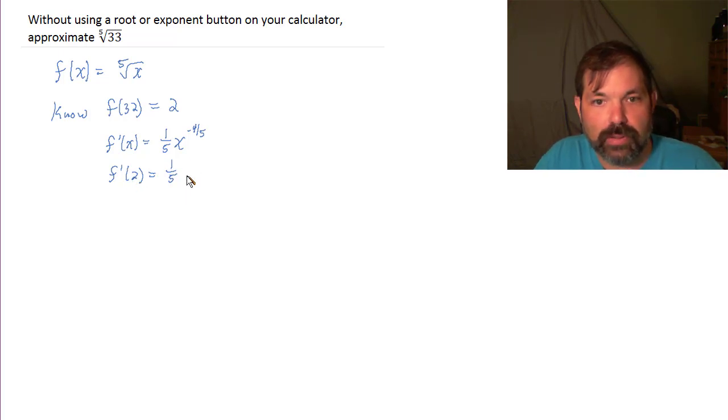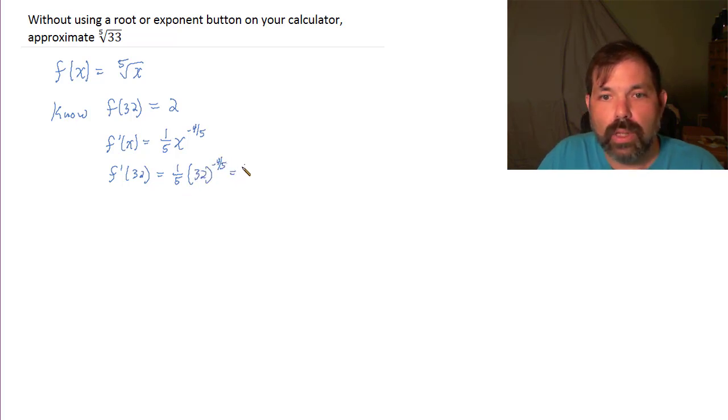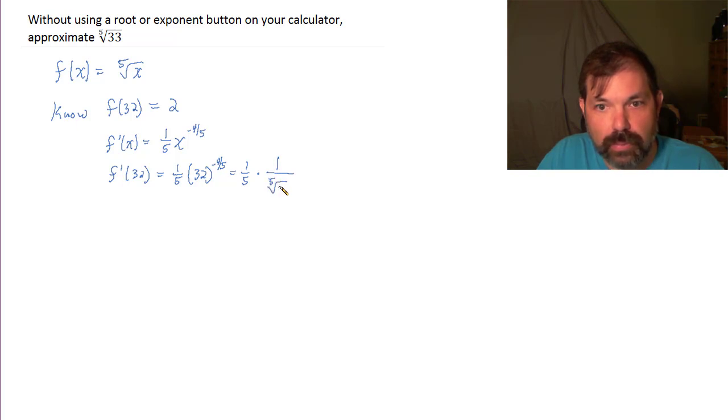So f prime at 32 would be 1/5 times 32 to the negative 4/5. So that's 1/5 times 1 over the fifth root of 32 to the fourth power. The fifth root of 32 is 2, and 2 to the fourth is 16. So that's 1/5 times 1/16, which is 1/80th.